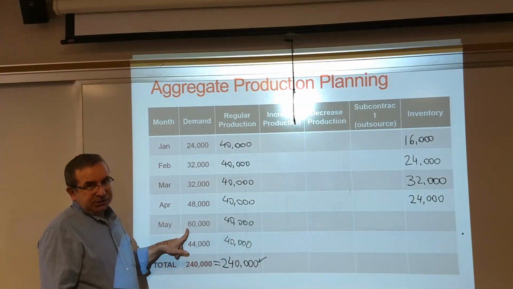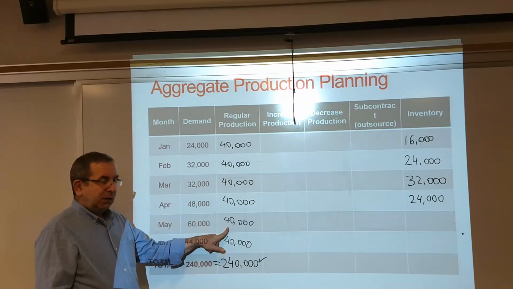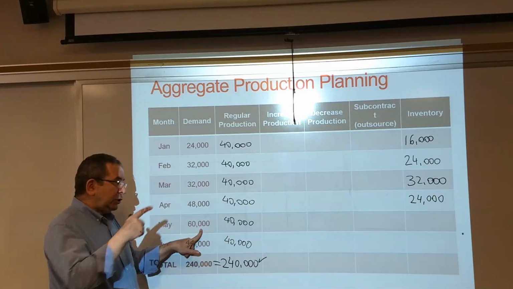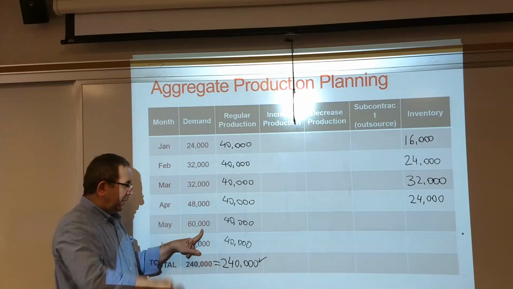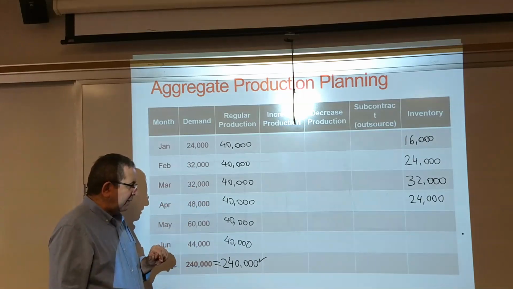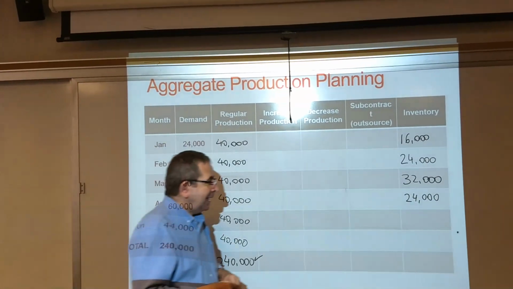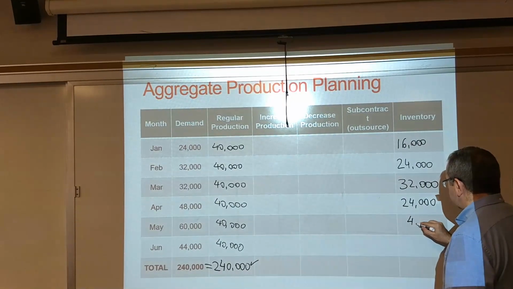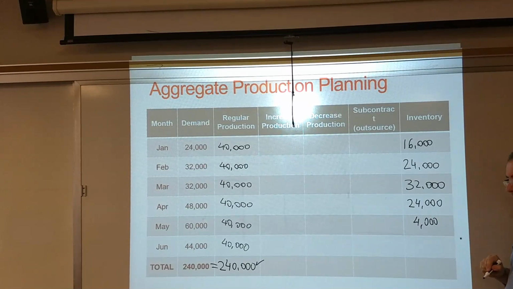Now demand is 60,000. So you sell everything that you make, but customers want 20,000 more. You look at your inventories. Yes, you have more than 20,000 in inventory. So this 20,000 extra demand comes from your warehouse. Your inventories drop to 4,000.